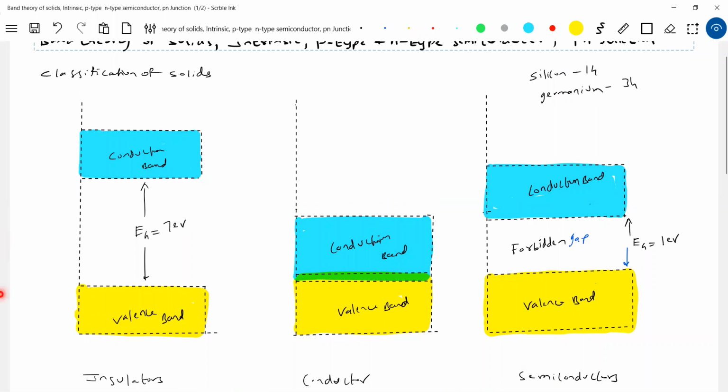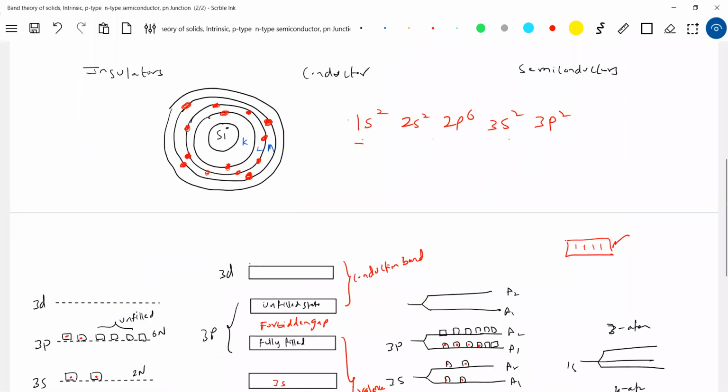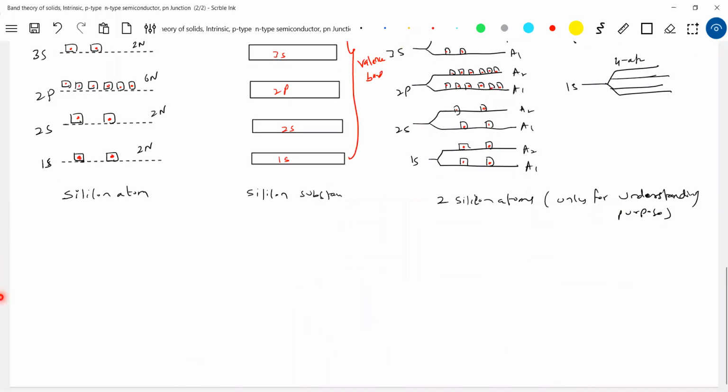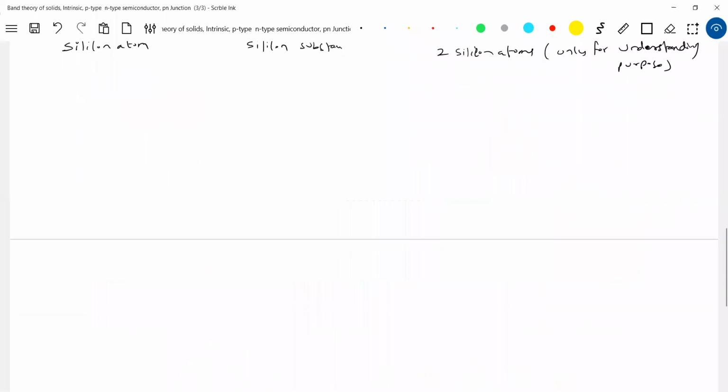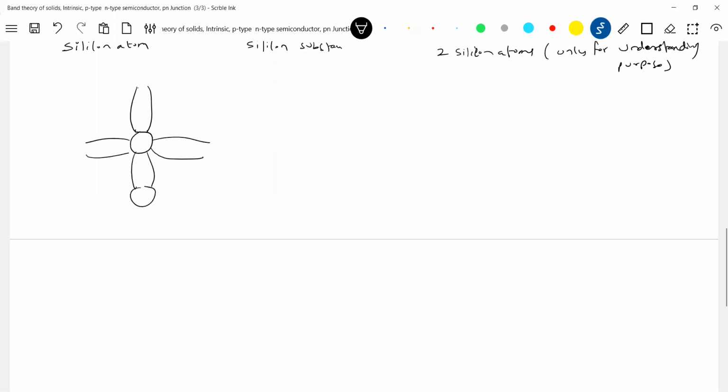So what is silicon? If you look at the atomic structure of the silicon substance, there's a diagram we will be using at many places.